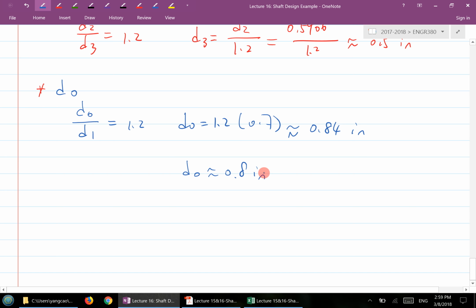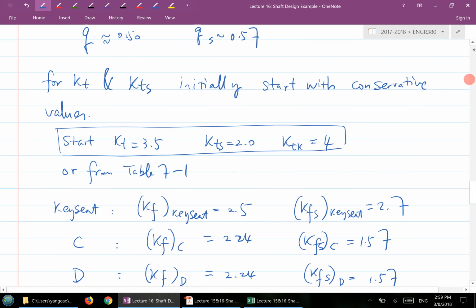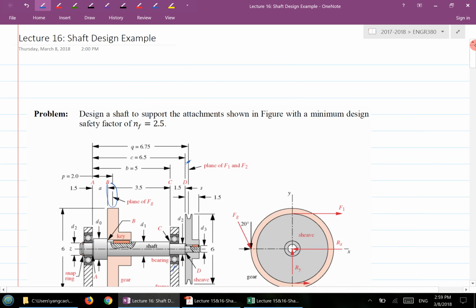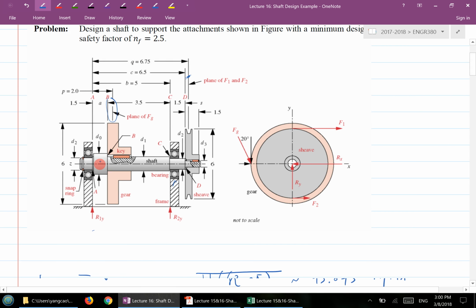Now you might say, why not pick 0.9 or 1 inch? Just bear in mind that the D0 location is the biggest size location of the shaft. How do you manufacture this shaft? The shaft is probably machined from a certain initial size sample.